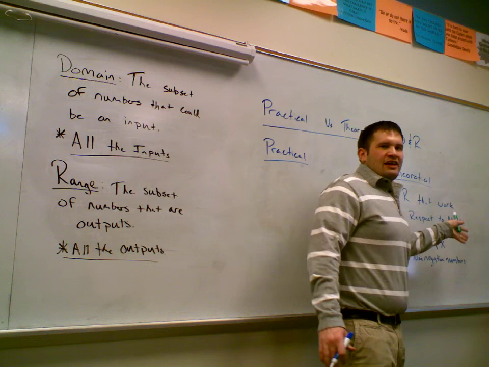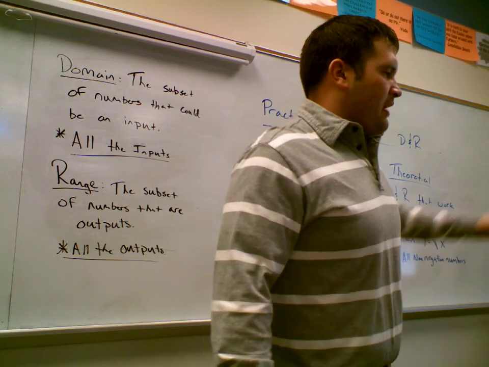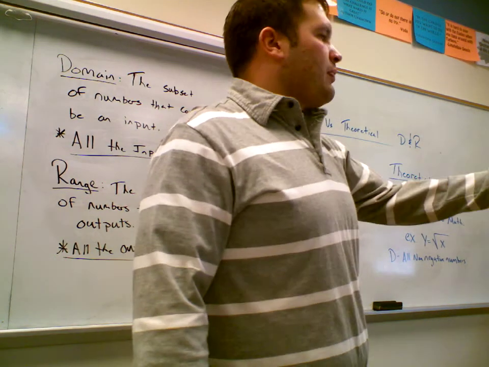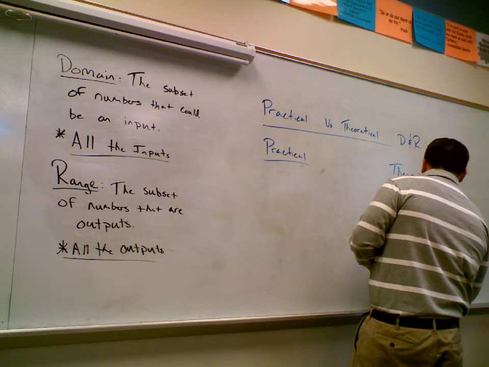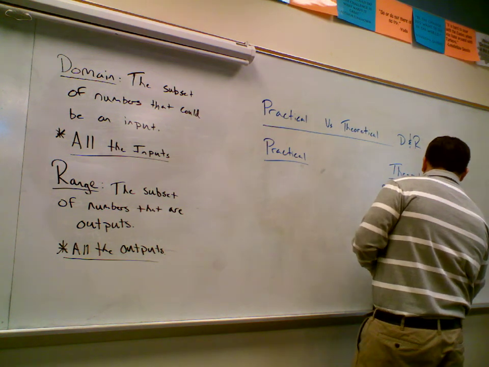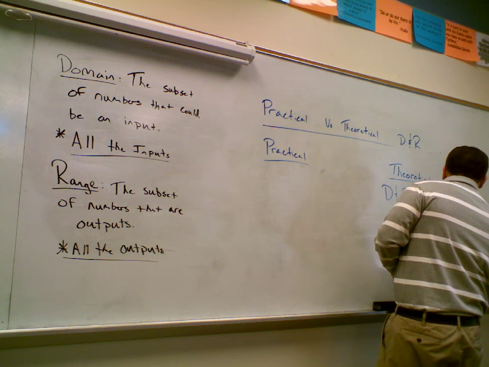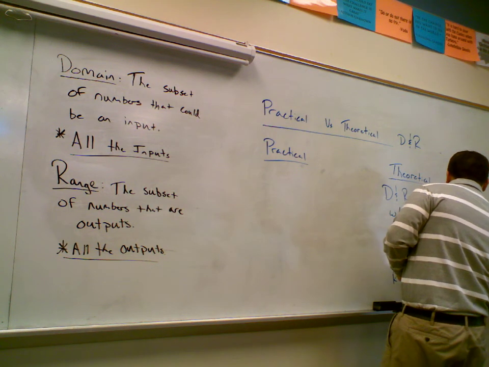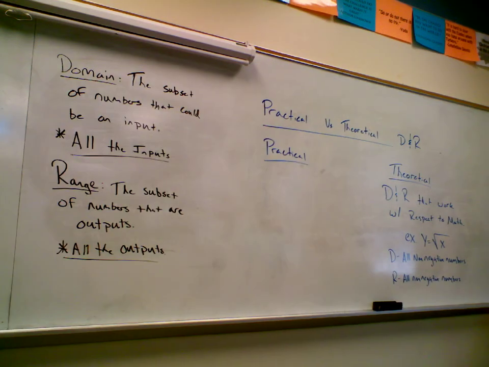If I plug in a non-negative number, I get a positive number, right? And 0, because I plug in 0, I get 0. So our range is actually the same as our domain: all non-negative numbers. It's not always the case that your range and domain are the same, but in this case it is. So that's how we have theoretical in terms of the math.